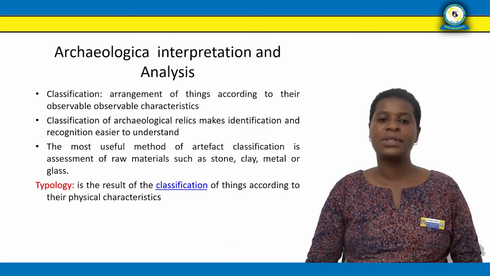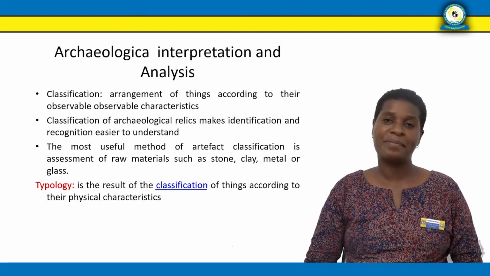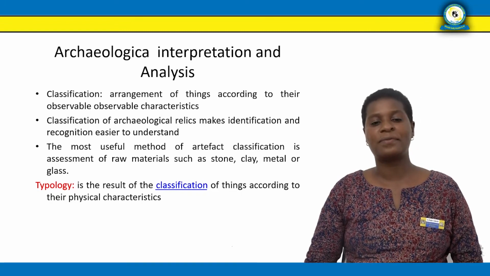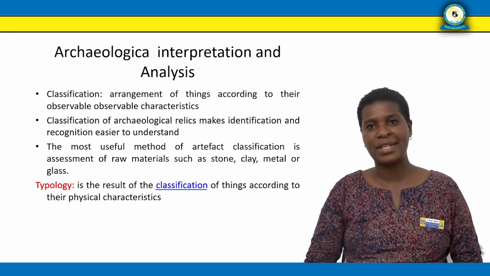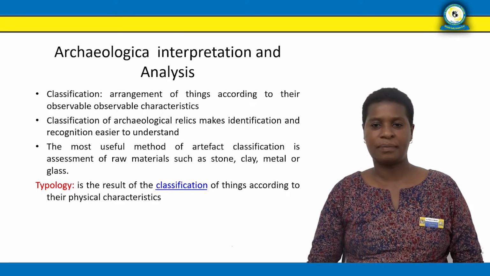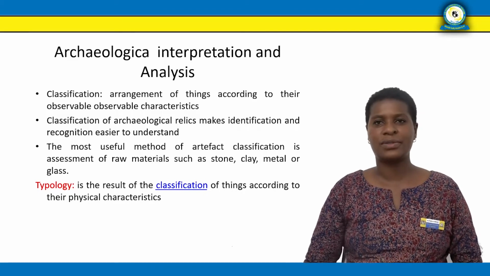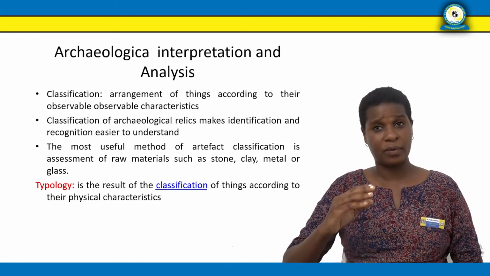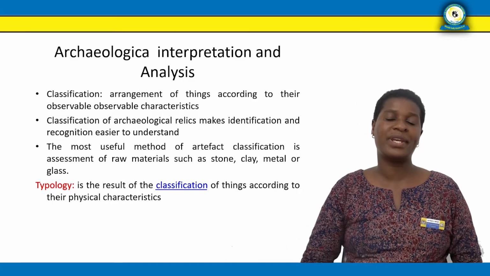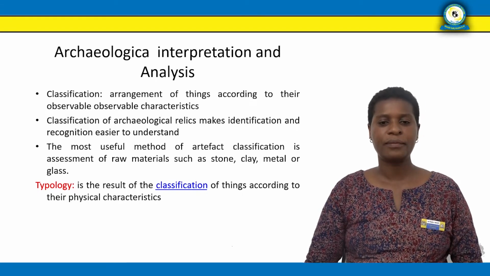It can be of stone, it can be of clay, it can be of metal, it can be of glass. We have the porcelains and everything. We have the potsherds, we have the arrows, we have the lithic materials. So they have to be classified with regard to the raw materials which they are made of.